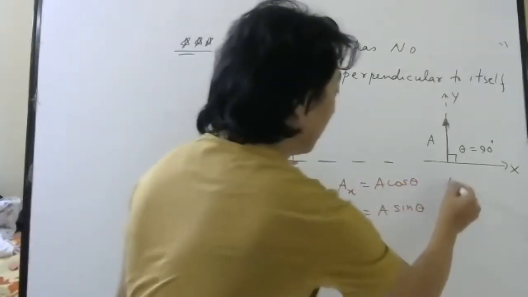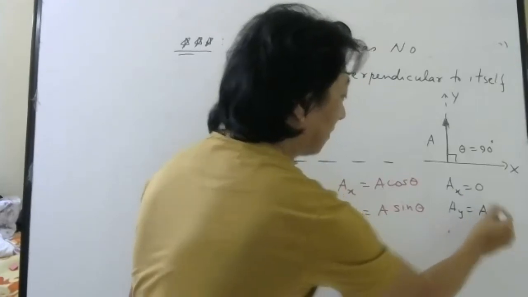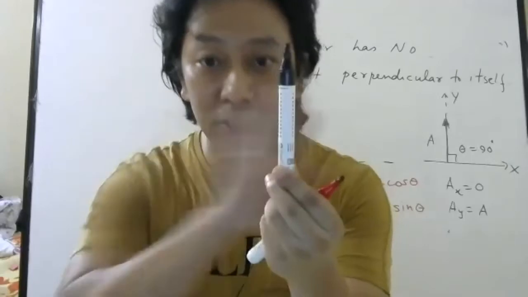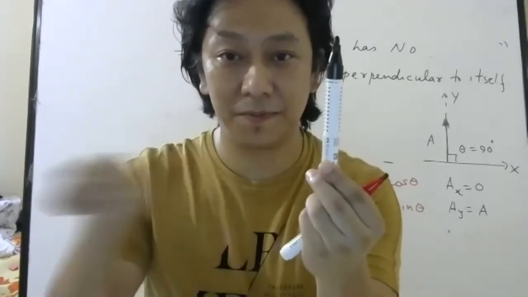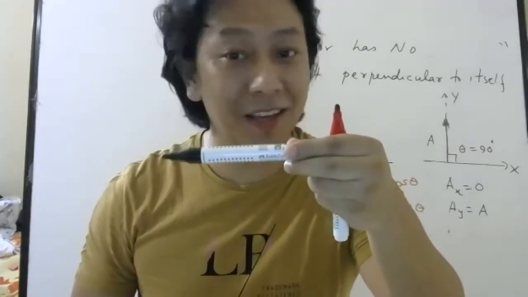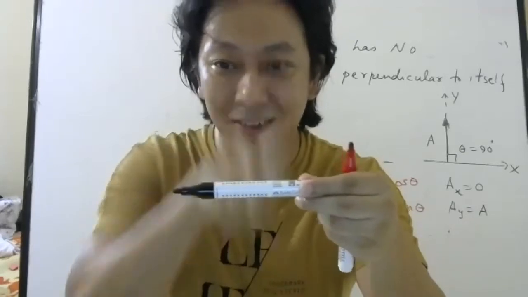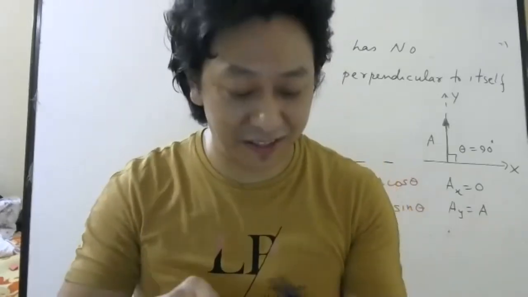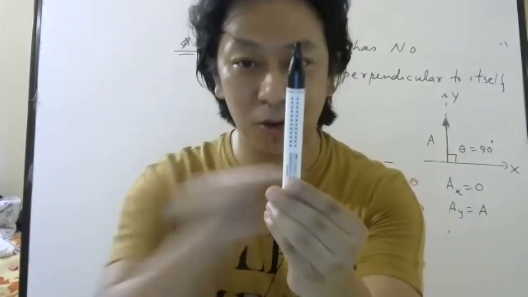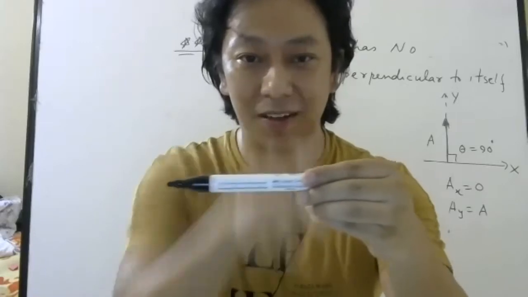You will see the x component will be 0, the y component will be A. So what did you learn? If a vector is here, there is no component here. Now try to generalize. If a vector is here, no component here.